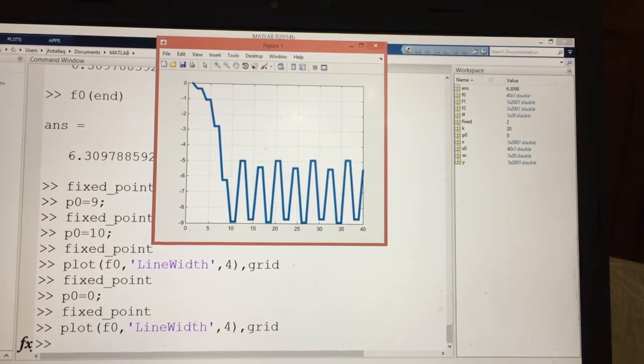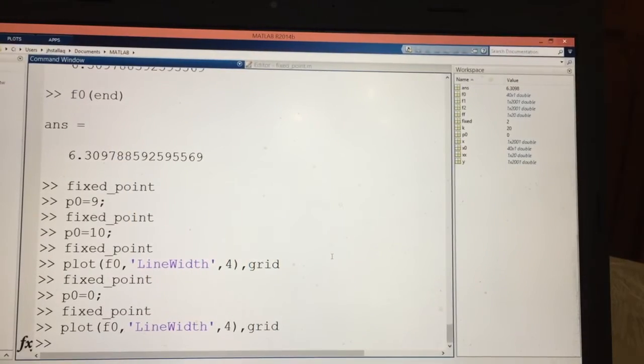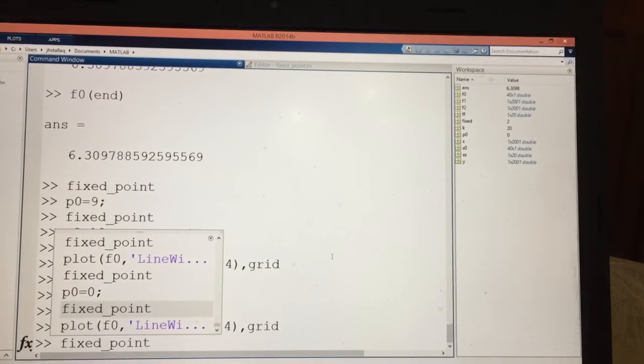So we expect that the value of the solution here is negative, but it keeps oscillating around that solution, which suggests that we need to modify the function to find this solution, somewhere around probably -7. Okay, let's do it again.